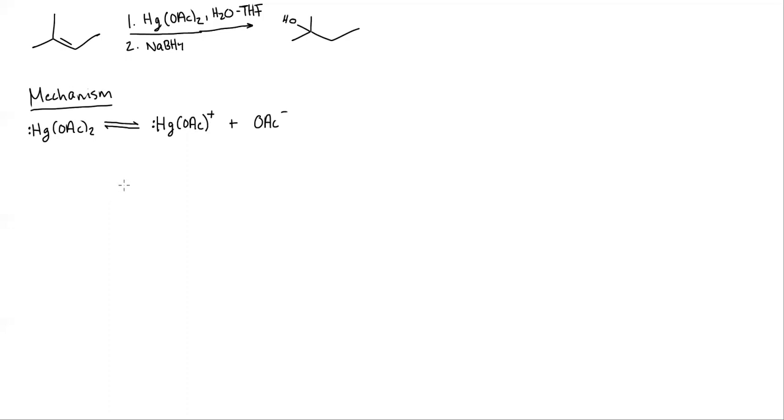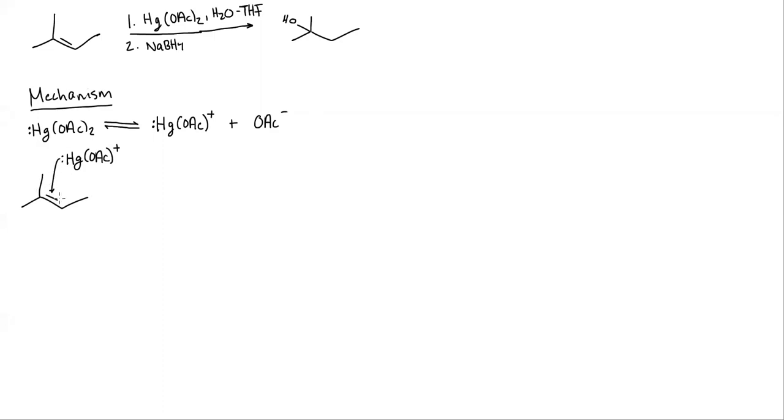And this Hg does have a lone pair. Okay. So now let's take a look at the mechanism. So now we have this double bond, right? And what's going to happen is that HgOAc plus with the lone pair is going to attack the double bond.